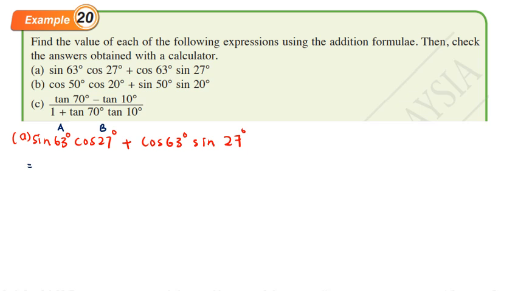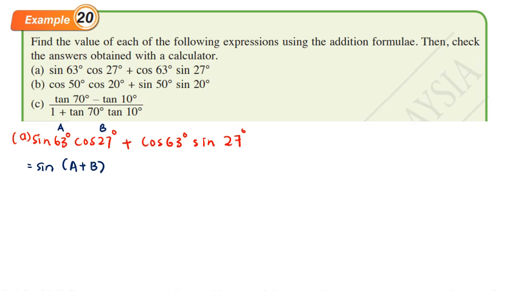So when we refer to the formula, sin A cos B plus cos A sin B is actually sin A plus B. To do this question, you must bring along the previous formulas, the 8 or 9 formulas. So you can put them beside you while you answer the question.